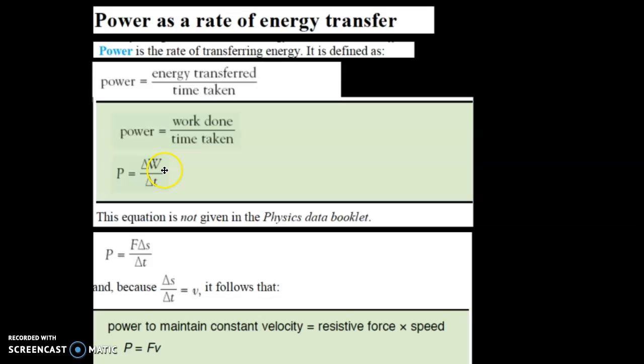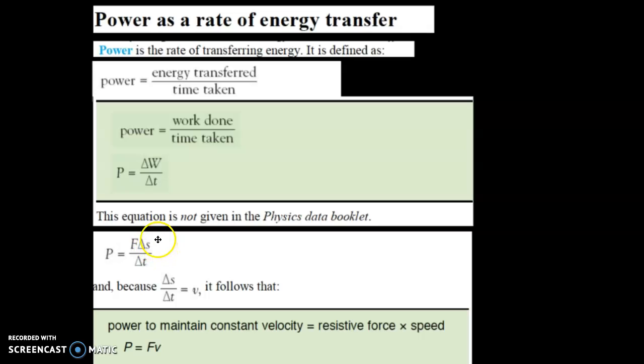work done, which, if you remember, was force times displacement. So if we substitute that in, force times change in displacement, divided by change in time. What we've done here is just expand our definition of work to include force times displacement. And if we now take this part of the equation, change in displacement over change in time, we get velocity, okay? A constant velocity.